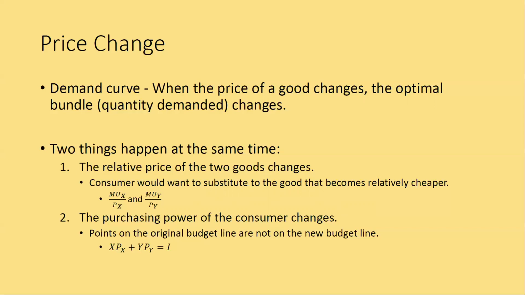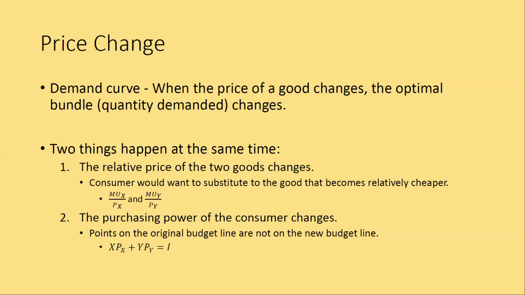If the price of good X increases, for example, then MUX divided by PX is going to be smaller. That means the additional utility the consumer obtained from the last dollar spent on good X becomes not as high as that spent on good Y. So the consumer has the incentive to consume more of good Y and less of good X.